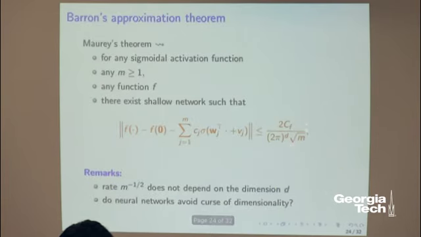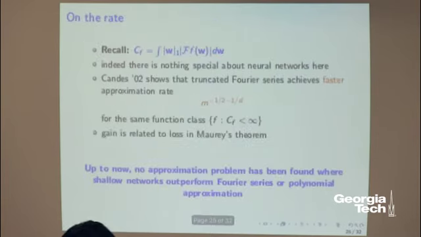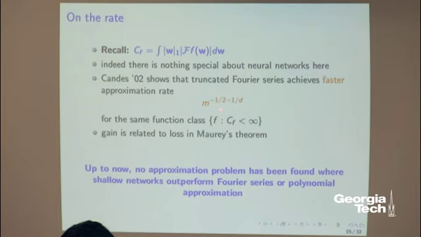Here you have the rate 1 over square root of m, and for this Fourier series, where you take m Fourier coefficients, you get a rate which is slightly faster, because it also has this additional term, minus 1 over d. And if you would get the better Maurey theorem with the faster rate, you would also get that. So in the sense they match.